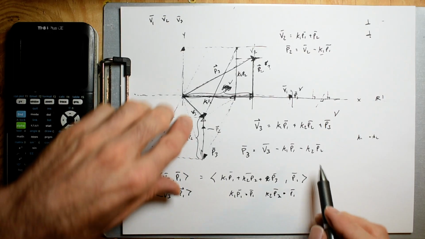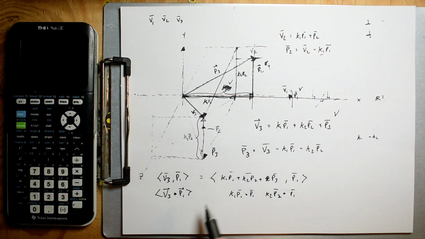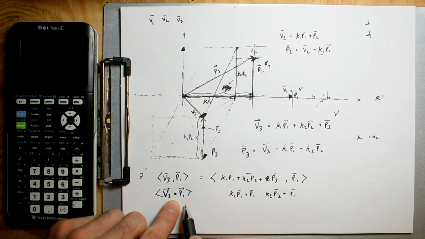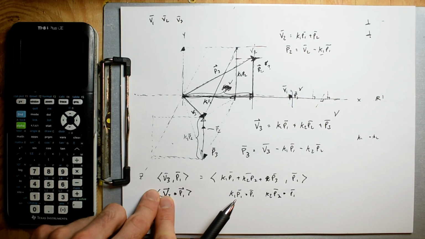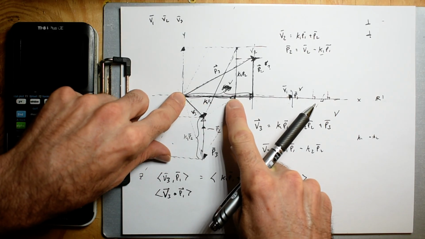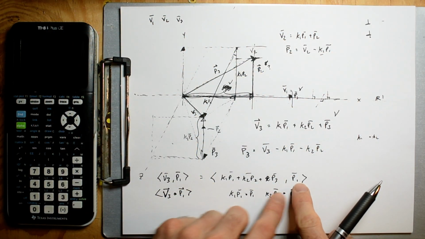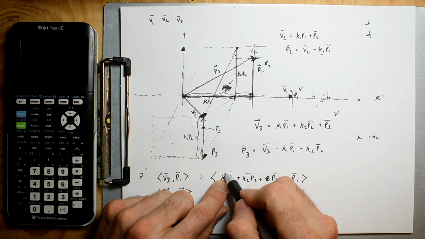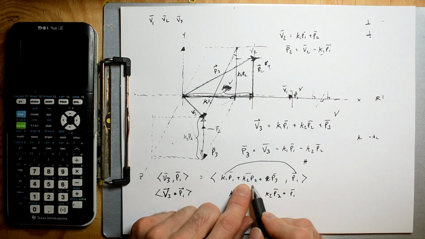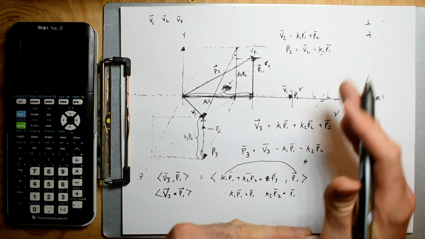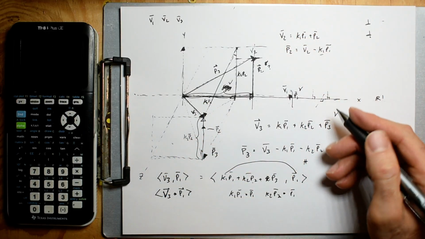Well, what happens is we already said P1's perpendicular, P2's perpendicular, and we're saying that V3 is K1 P1, K2 P2, and this new perpendicular. If I'm dotting it with P1, only the first term will actually generate a value. The others will generate 0. Two vectors that are perpendicular will be 0.